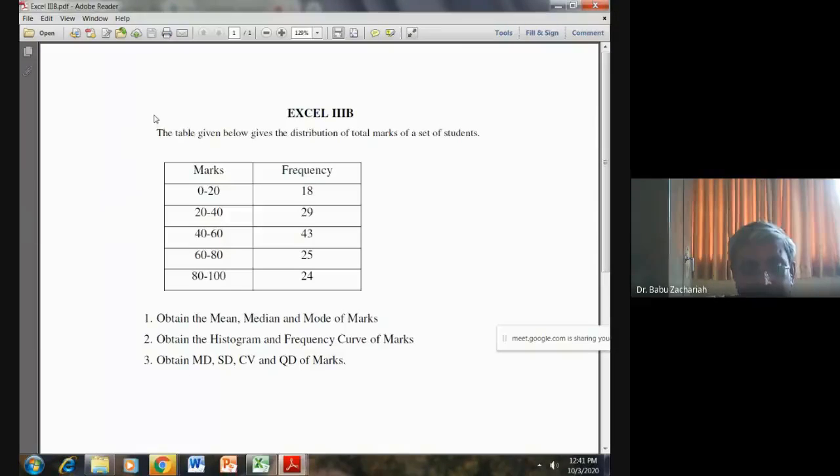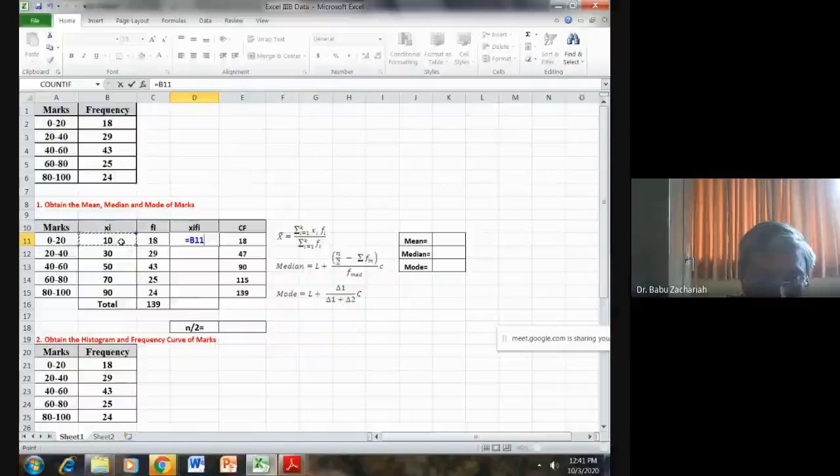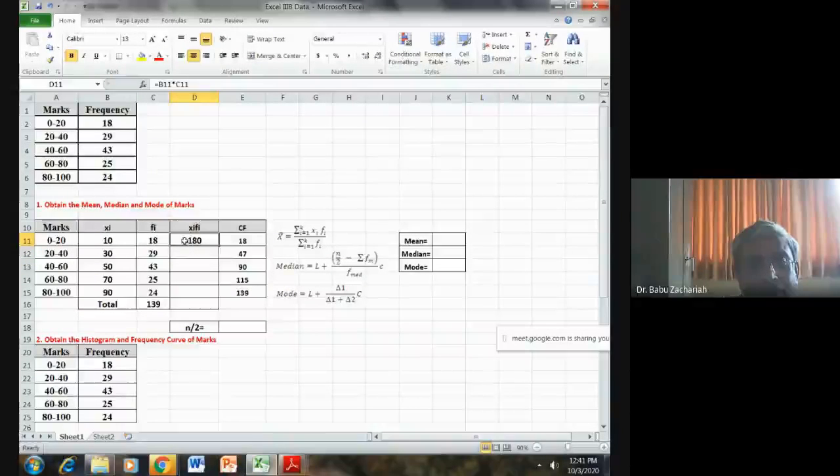So all these you have to calculate by formula. I have copied it on Excel here. The first question I have written: mean, median, mode of Mars to be calculated. These are the values, midpoints I have written here, and frequencies also I have copied here. What is required here is xi into fi, and copy that downwards.